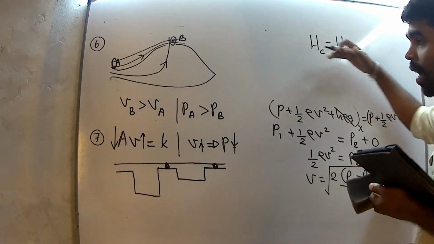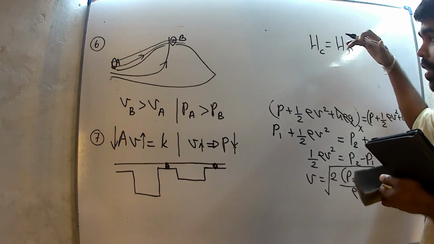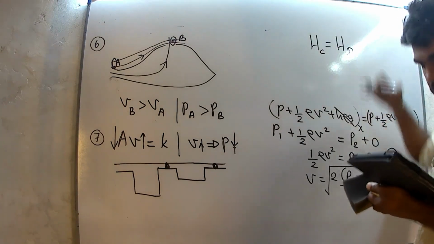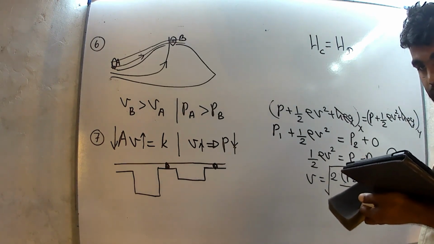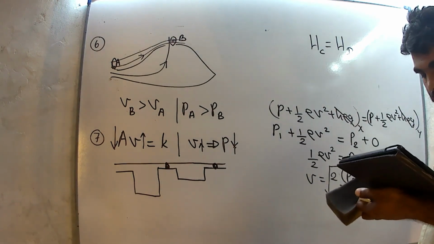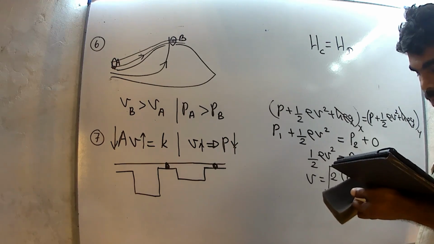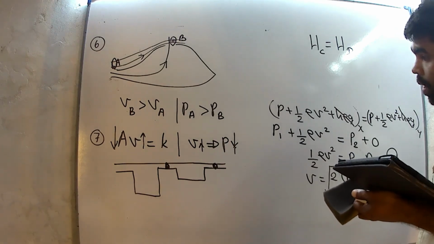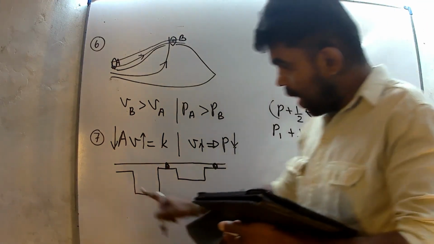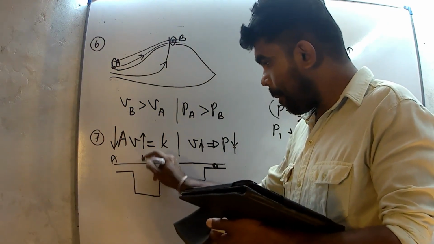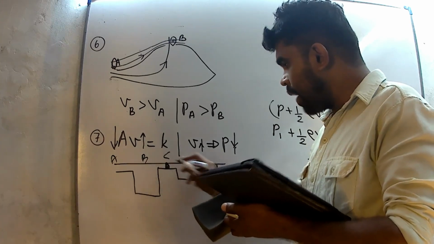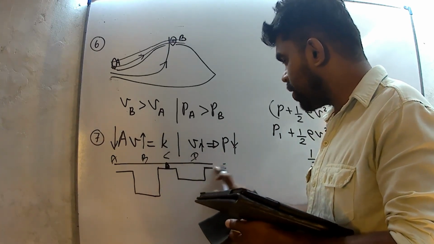these two heights are the smallest heights when comparing A, B, C, D. And no, A is this part, B is this one, C is this part, D is this part, not this one.